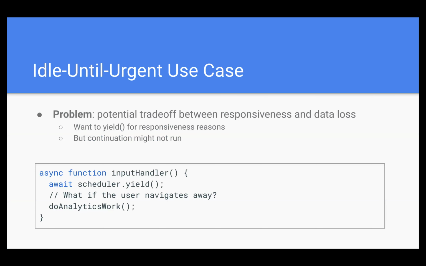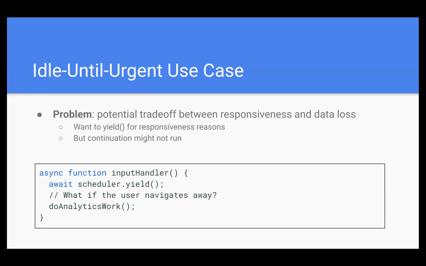A while back, I know there's this pattern, idle until urgent. I don't know if that comes up in this group, but this is a particular use case of idle until urgent that maybe folks here are familiar with. There's a potential trade-off between responsiveness and not losing data. In a click handler, you may want to yield. It's good for responsiveness, but the continuation is not guaranteed to run.